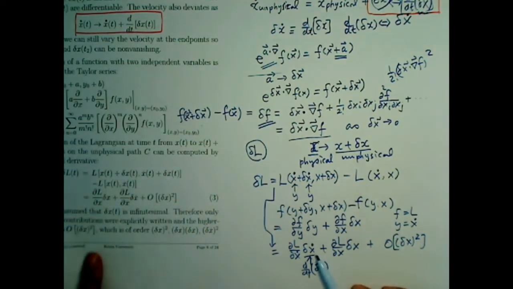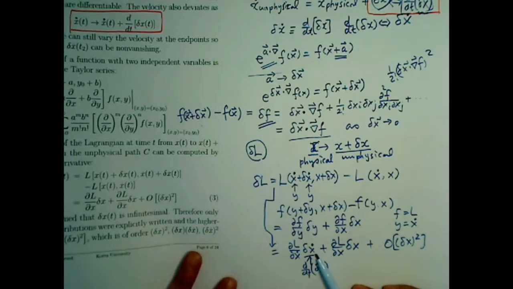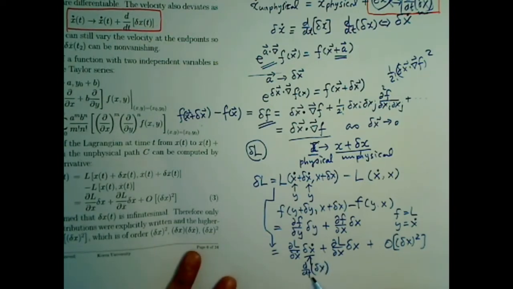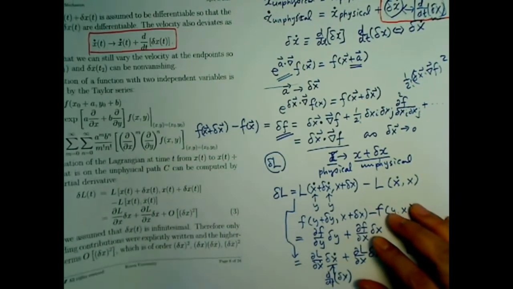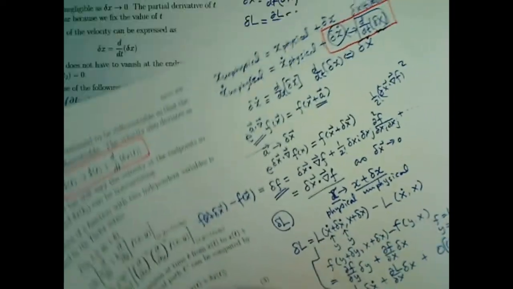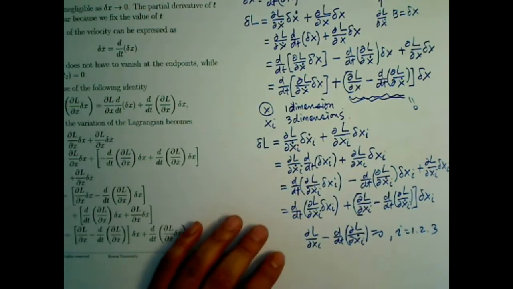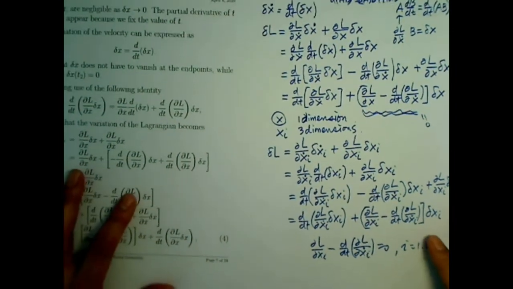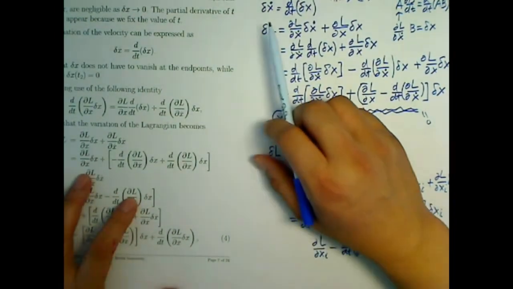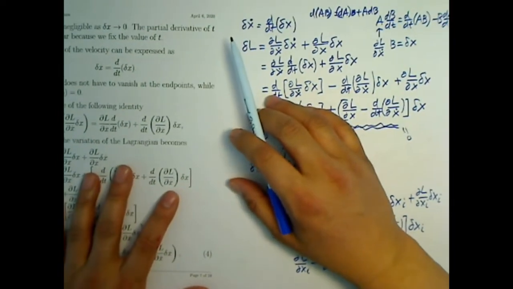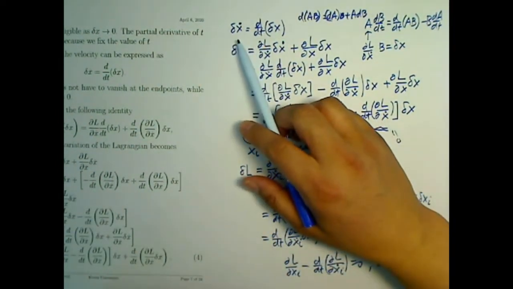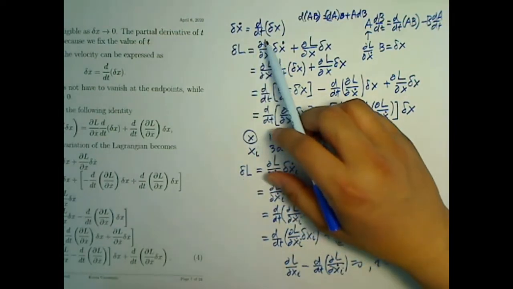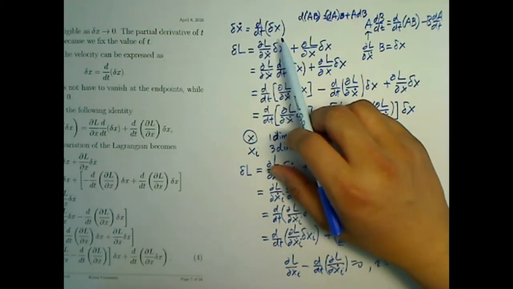And the variation of the velocity was defined by the time derivative of the variation.